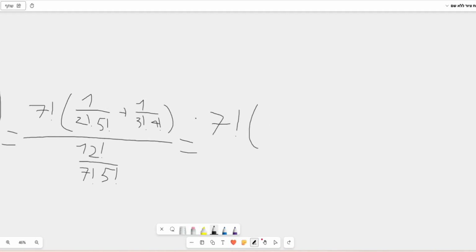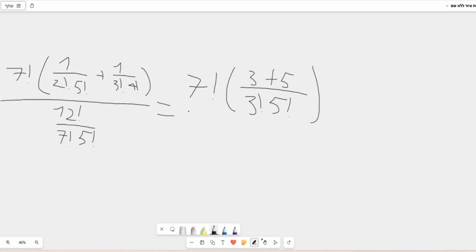So this I multiply by 3, so 3, plus this I multiply by 5, plus 5 over 3 factorial times 5 factorial, all over 12 factorial over 7 factorial times 5 factorial.